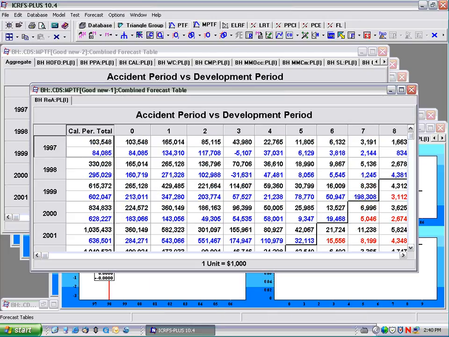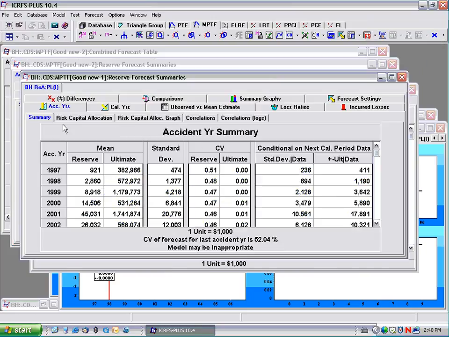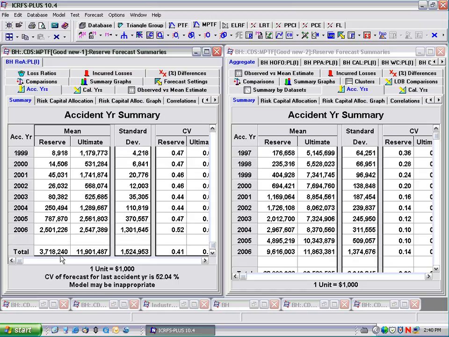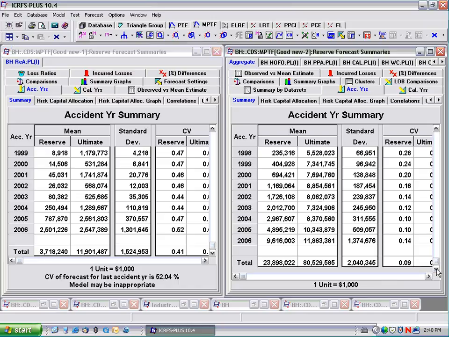Okay, and let's open both forecast summaries. So here we have the forecast for OEA, and over here we've got the forecast for the aggregate. And let's see the kind of capital allocation.